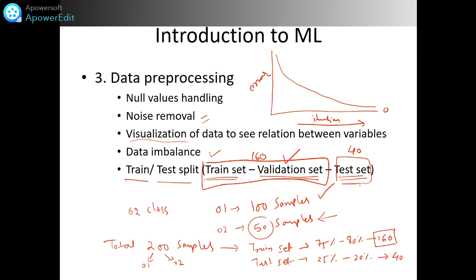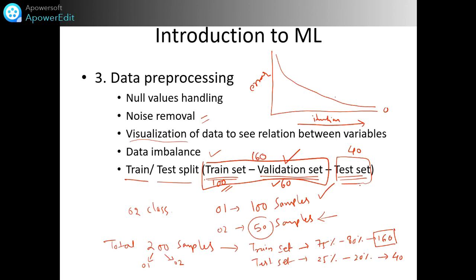Basically, say out of this, we take 100 samples for training and 60 samples for validation. We train over these 100 samples one by one, and we define that after every 10 samples we take one sample from the validation set. This is just a type of testing within the training phase.